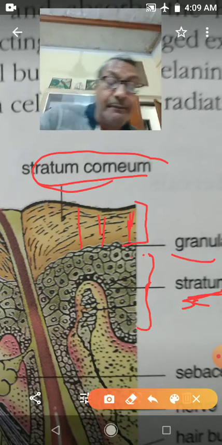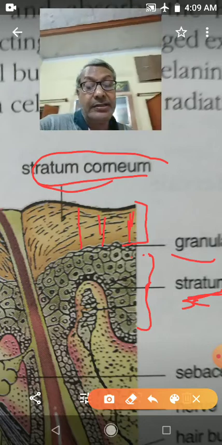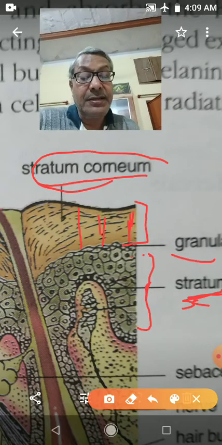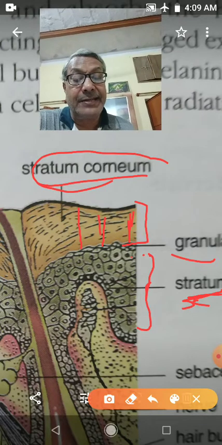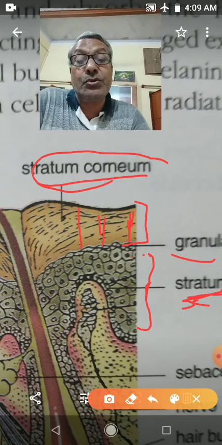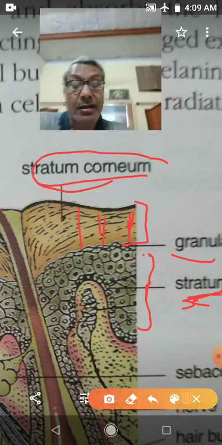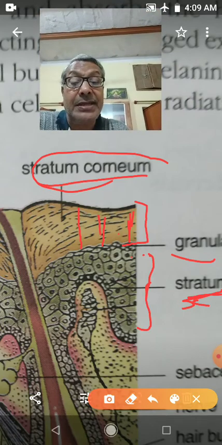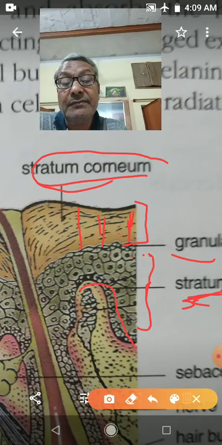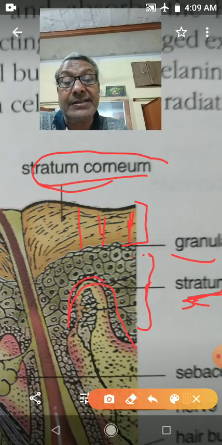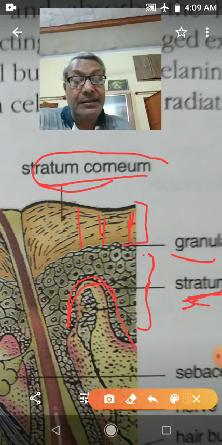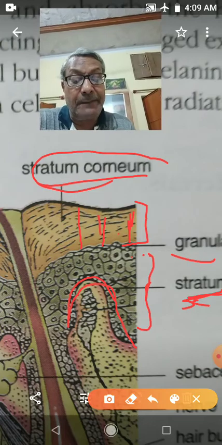Granular layer is the middle layer. It consists of 2 to 3 sublayers of flattened cells. These layers give rise to stratum corneum. And now the innermost layer, the Malpighian layer or stratum of Malpighi.